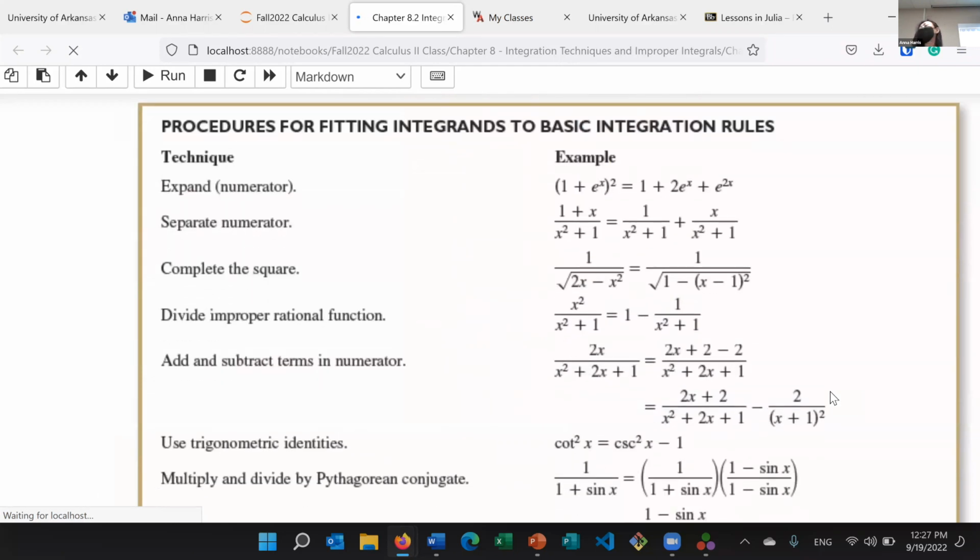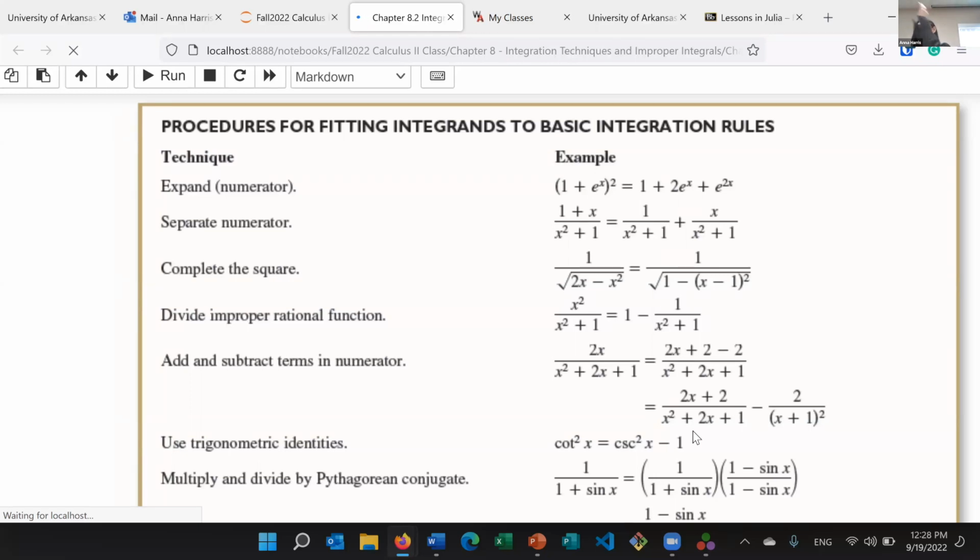Okay, there's other techniques that you have. This is just some techniques that you can use. So I want you to look over this instead of me explaining, because sometimes you have to explain your work. Sometimes you separate into 2 different numerators. Okay, the common denominator, and then what? 1 over x squared plus 1, and sometimes what?